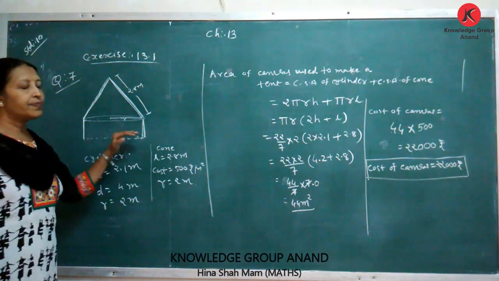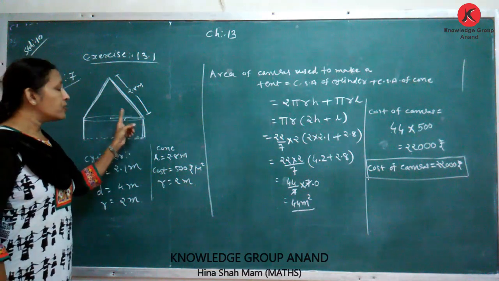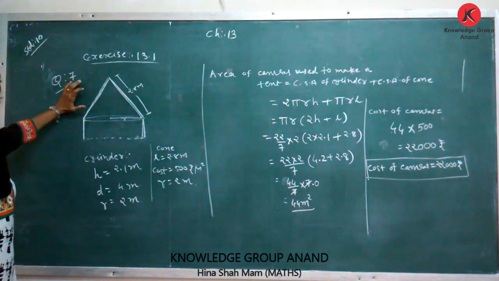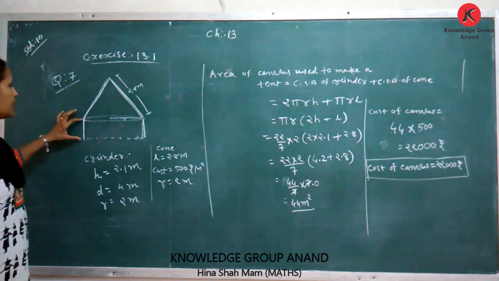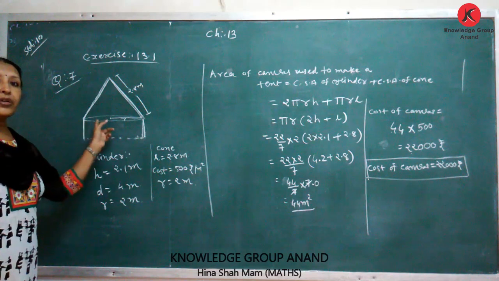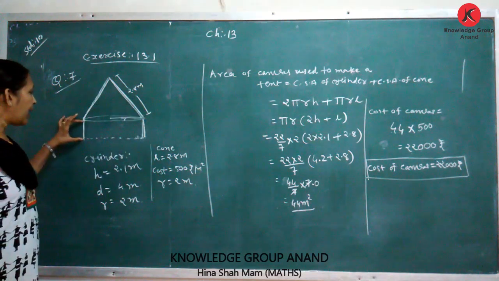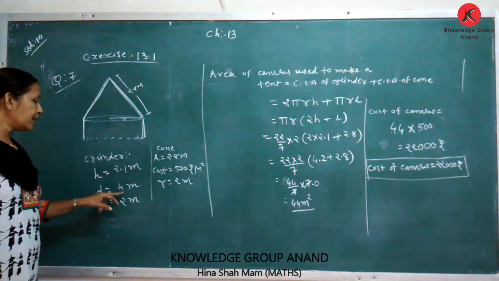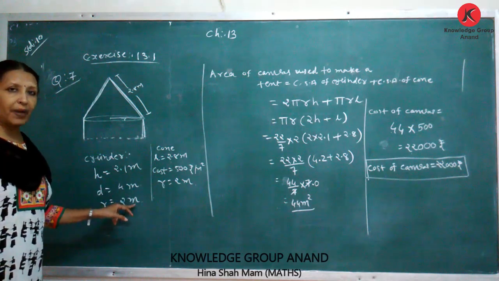Again this question. In your book, please write the question. A canvas tent is of cylindrical form surmounted by a cone. Height of the cylinder is 2.1 and diameter is equal to 4 meter respectively.